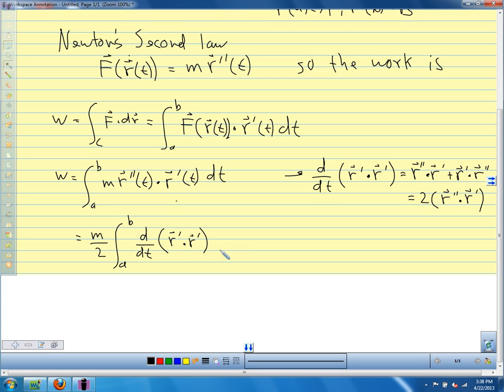And r prime dot r prime is the magnitude of r prime squared. So we get that this quantity is m over 2 times the integral from a to b of the time derivative of the magnitude of r prime squared. I'm going to drop the t's. We know that r depends on t, so I'm just going to drop that to clean this up a little bit.